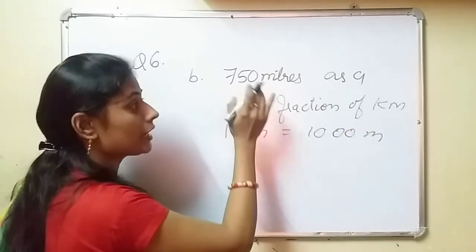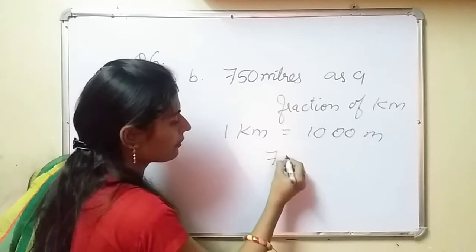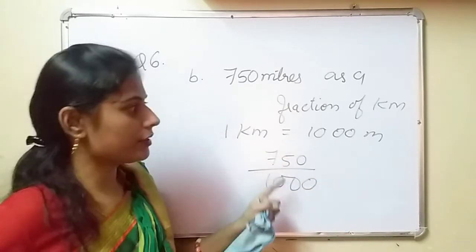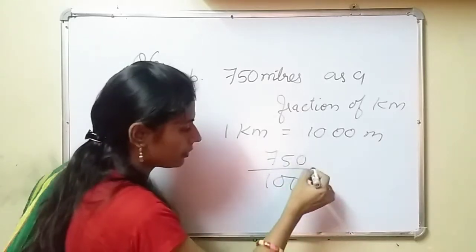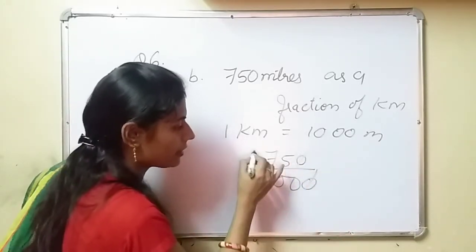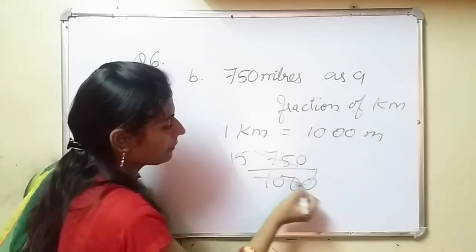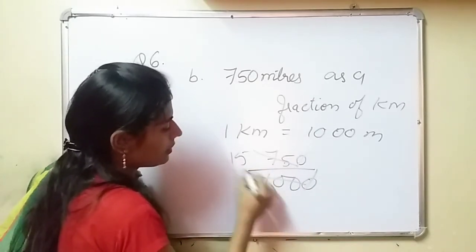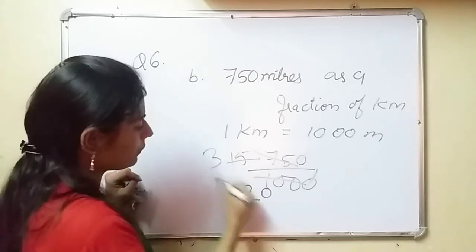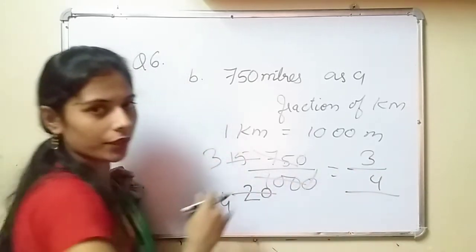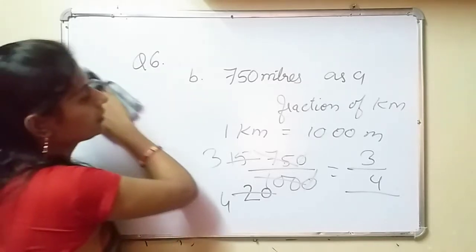So for 750, take 750 divided by 1000, because you have to change it into a fraction. So divide 0 by 0, 5 1s are 5, remainder 2, 5 5s are 25, 5 2s are 10, 0. Now 5 3s are 15, 5 4s are 20. It will become your 3/4. Okay.